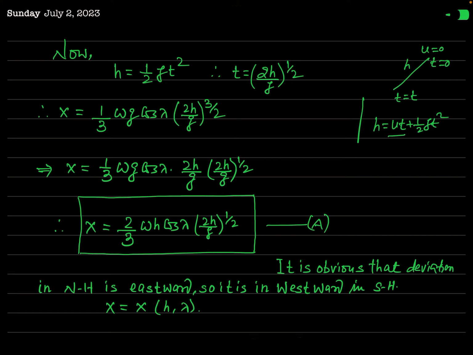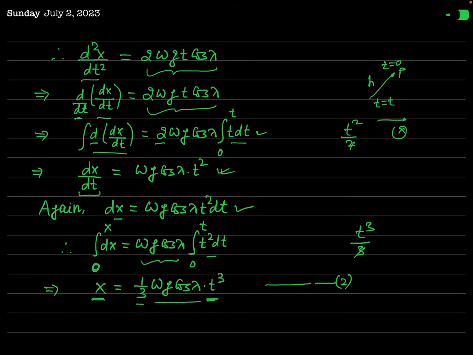But in this case u is 0, so h will simply be equal to half gt square. So t is equal to (2h over g) to the power half.